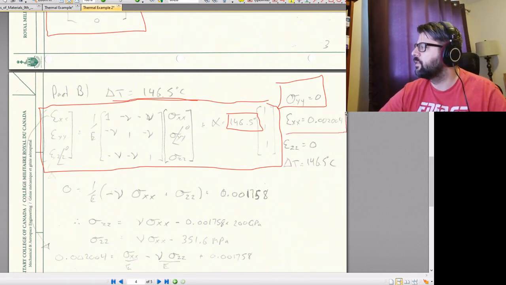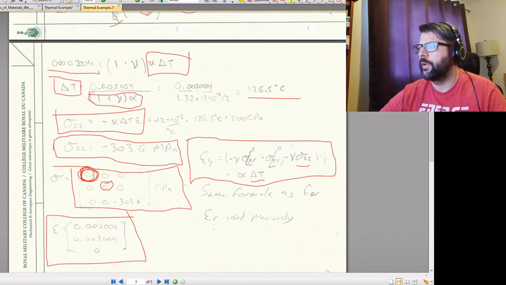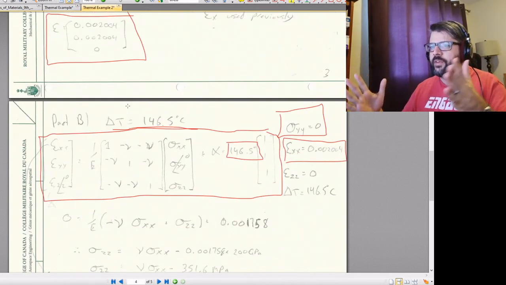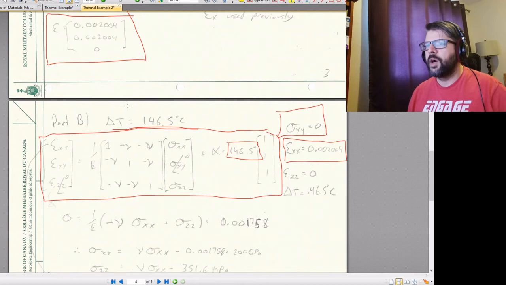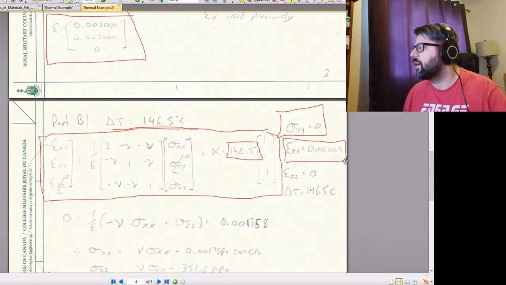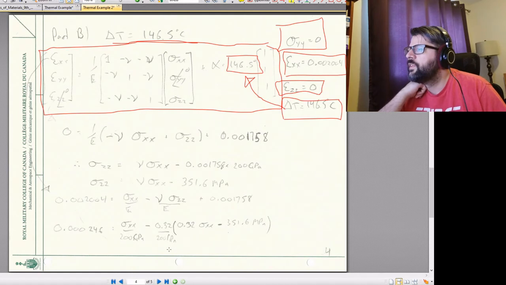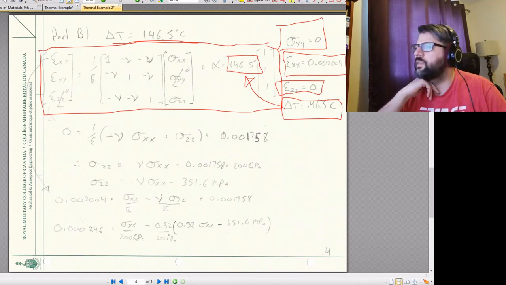The strain in the x is going to be the amount we calculated previously, because that's the point where it hit the wall, and then any additional heating is going to be stopped by the wall. Our strain in z is still 0, and our delta T, again, I already plugged that in. So looking at this, I'm going to start with the EZ term again.